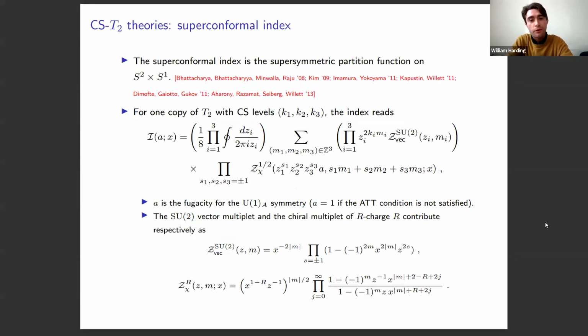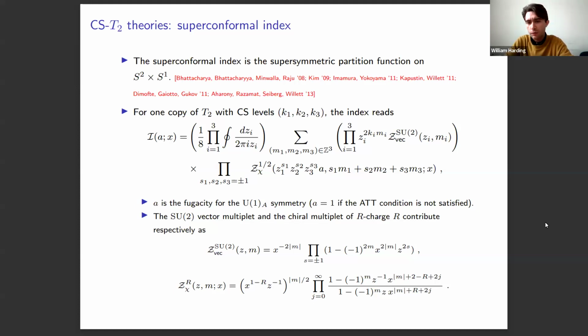Okay, so the superconformal index. So this is the supersymmetric partition function on S2 times S1 for one copy of T2, gauged with Chern-Simons levels K1, K2, and K3. It is given by the following expression. So basically, we have an integral over the gauge fugacities, a sum over the gauge fluxes, which I denoted as M1, M2, and M3.